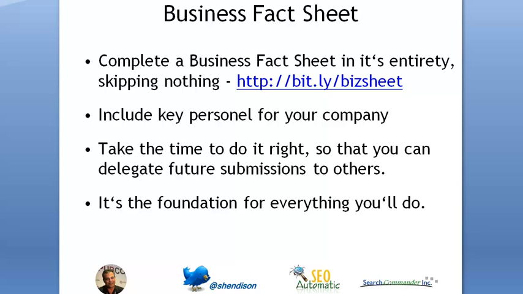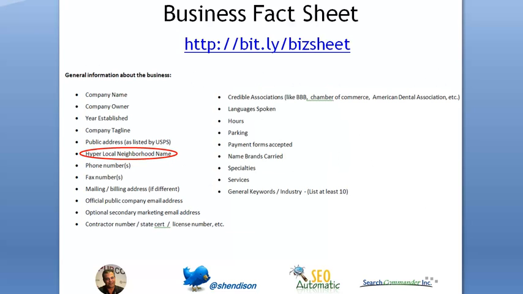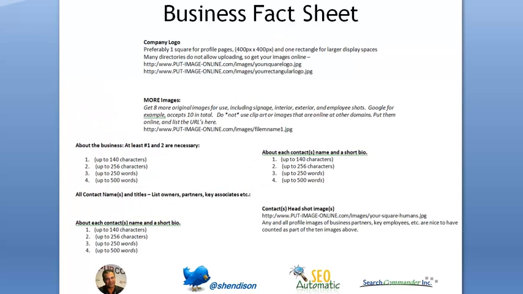I put together a fact sheet, and you can actually download it here. Besides your name, address, and phone, it gives you all kinds of information that's good for when you go out and list your business in all these directories that are out there on the web. It gives you one place that you can just copy and paste all of the important information, everything from when you were founded, your history, your neighborhood name.